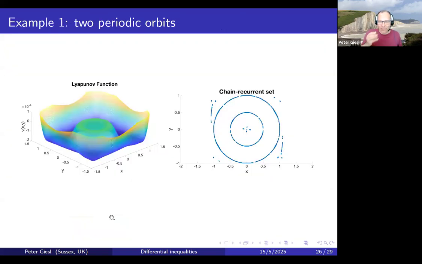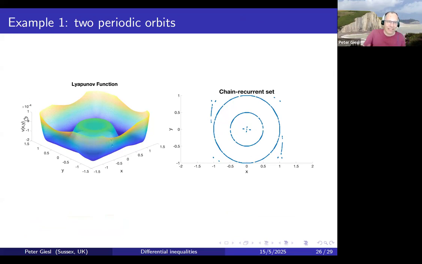So we applied it again to our test problem from beforehand. This is again the Lyapunov function. You see it looks similar. Again, here's a minimum, here's a maximum of this periodic orbit, here's a minimum, and you can see the scale is even smaller now.